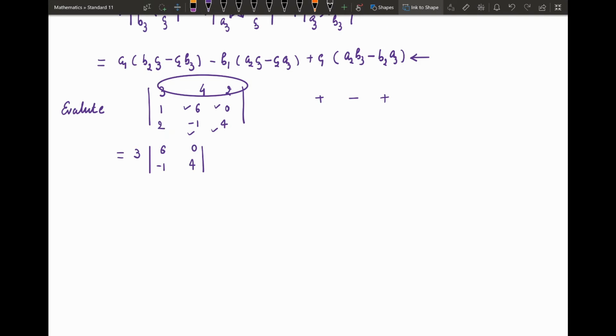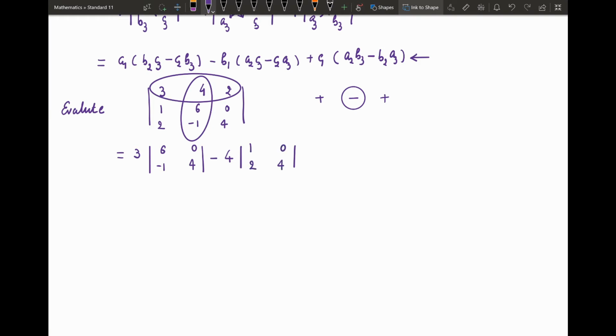Now for the second entry we have to take minus. So minus 4 into the 2 by 2 determinant. Leave the column and row in which entry 4 lies. The remaining entries will form the 2 by 2 determinant 1, 0, 2, 4.